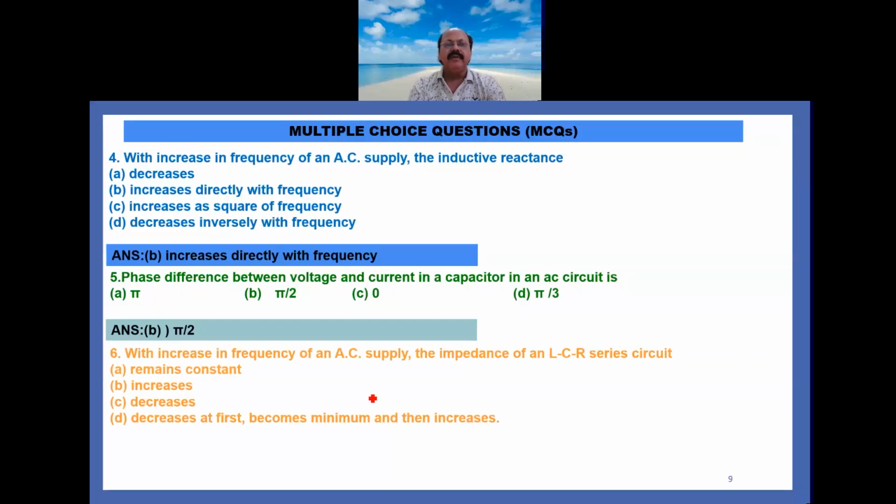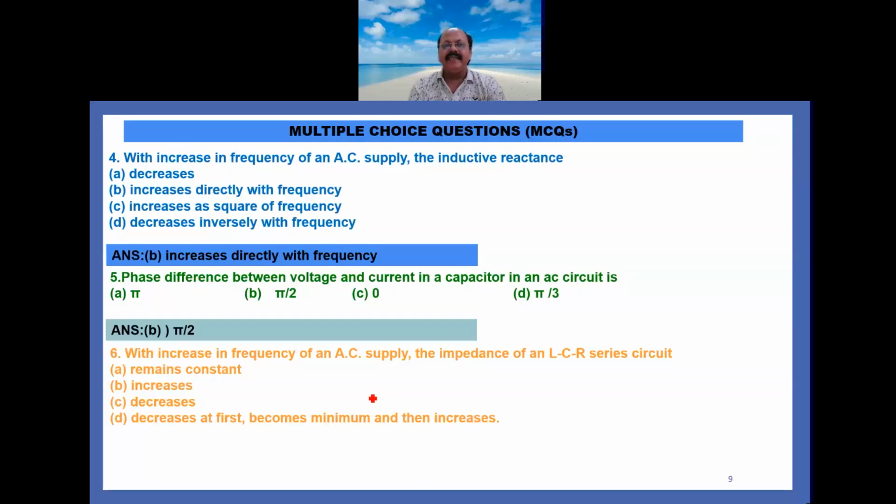Now sixth question. With increase in frequency of an AC supply, the impedance of an LCR series circuit. Options are here. A, remains constant, B, increases, C, decreases, D, decreases at first, becomes minimum and then increases. So you must know what is the impedance formula for LCR circuit. That is Z equal to under root R square plus XL minus XC whole square.